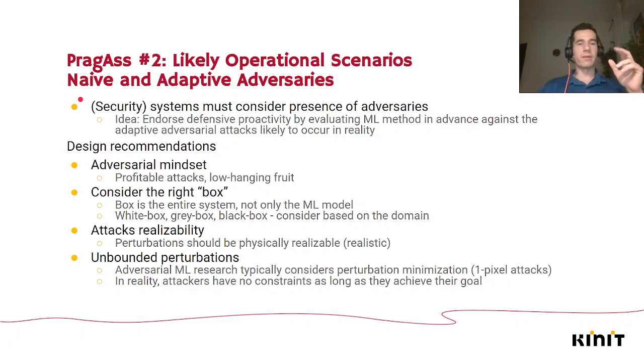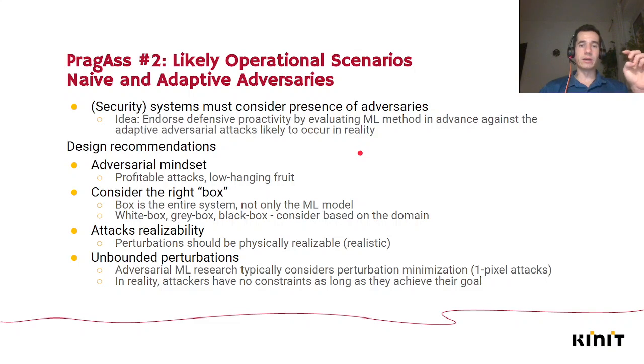The third part of these likely operational scenarios is considering naive and adaptive adversaries or attackers. Again, we talked about it before, but here is somewhat more detail on this aspect. The systems must consider the presence of adversaries.